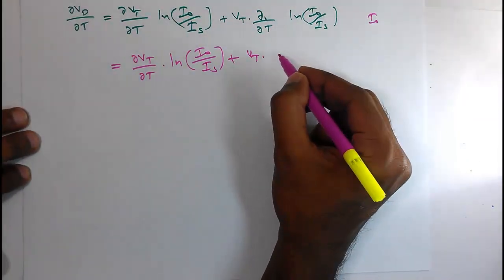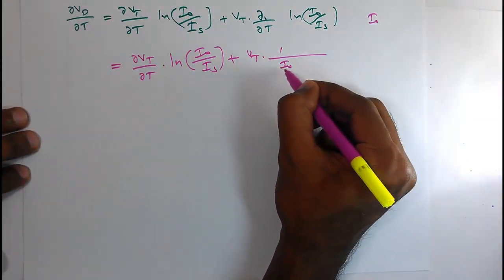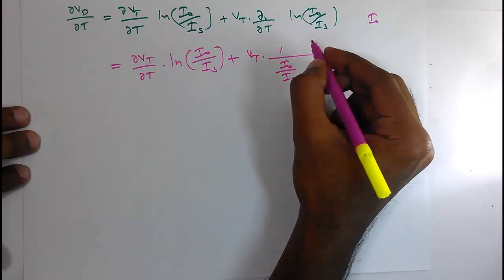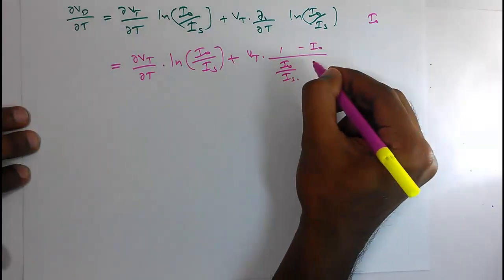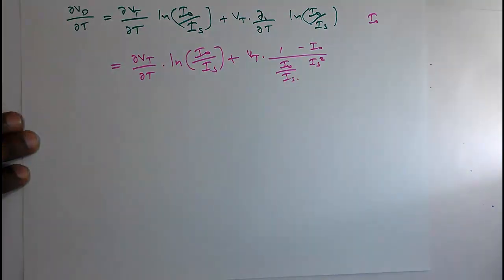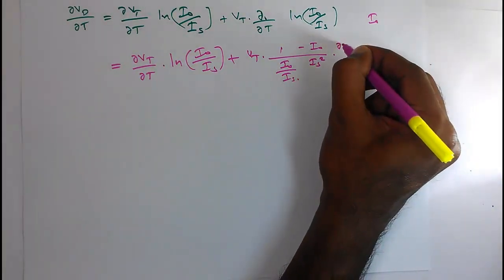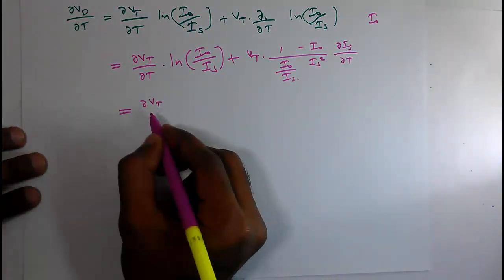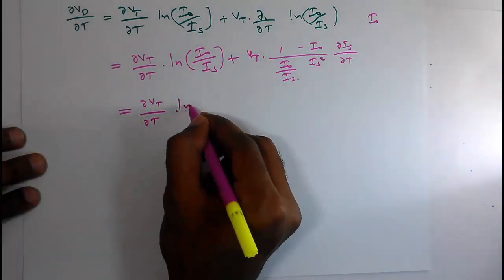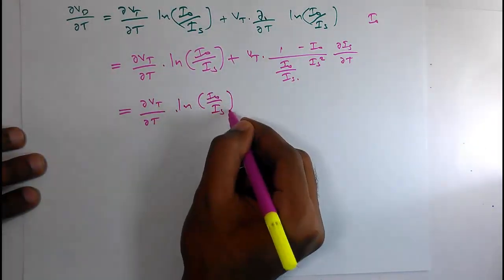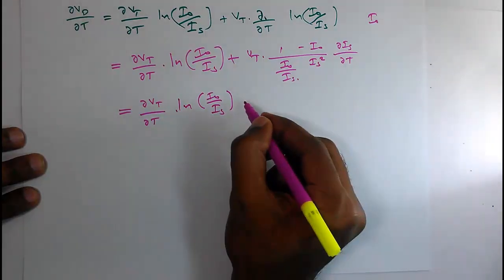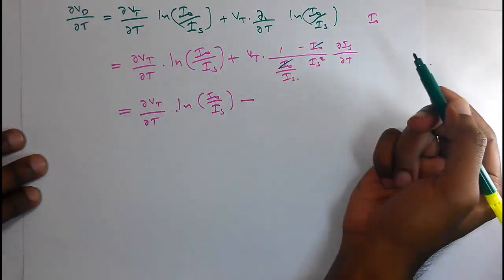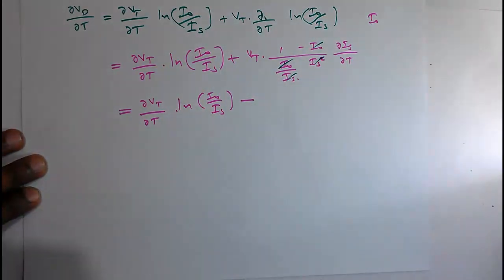So we can write it as 1 by I0 by Is into minus I0 by Is square into dou Is by dou T. So we can write dou Vt by dou T into ln I0 by Is minus, this I0 we can cancel, one Is we can cancel.